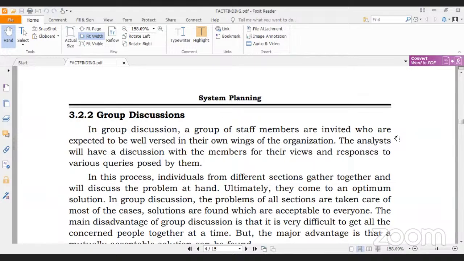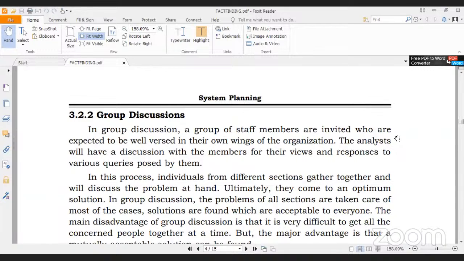But the people who will be invited, you see, this is the first line. Is the group discussion visible? Yes, sir. Okay. So you see, in group discussion, a group of staff members are invited who are expected to be well versed in their own wings of the organization.